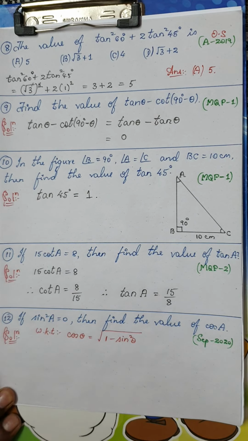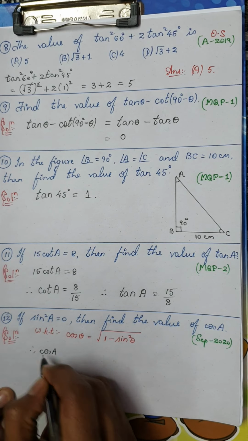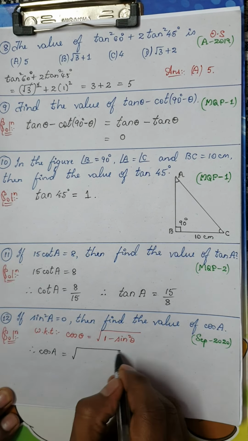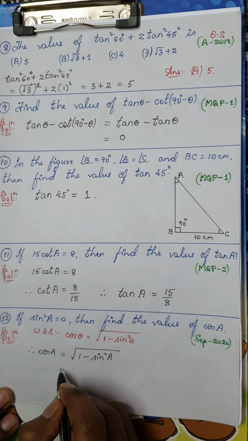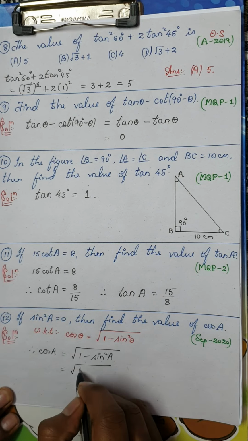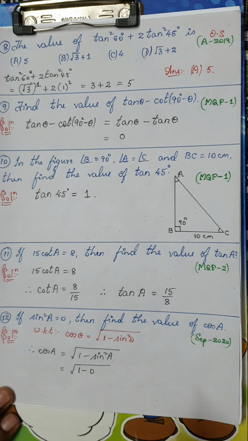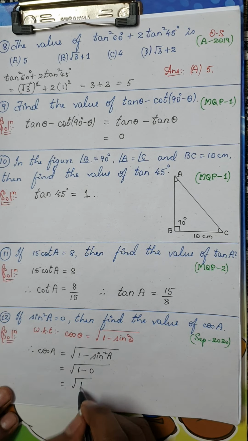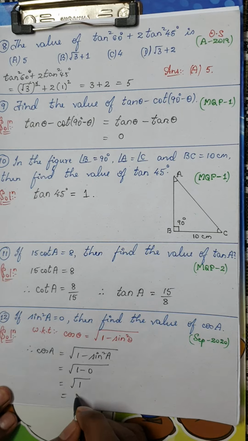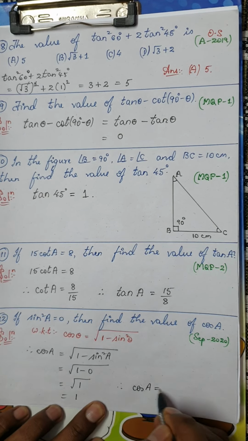Therefore, cos A is root of 1 minus sin square A. Only the angle changes. So that is square root of 1 minus sin square A, which is 0. So root of 1 minus 0 is 1, and root 1 is 1. Therefore, cos A value is 1.